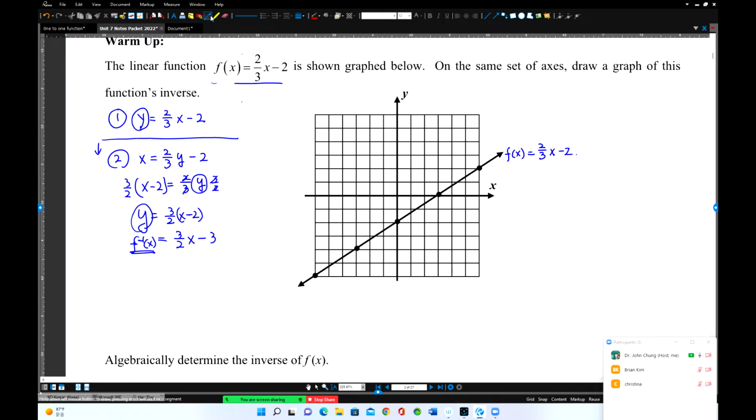I'm sorry, I forgot the plus 2. After you multiply, that is 3/2 x plus 3. Okay, that's fine.